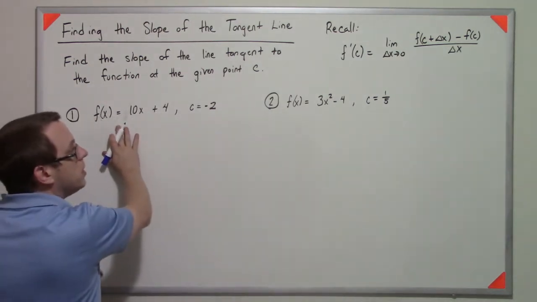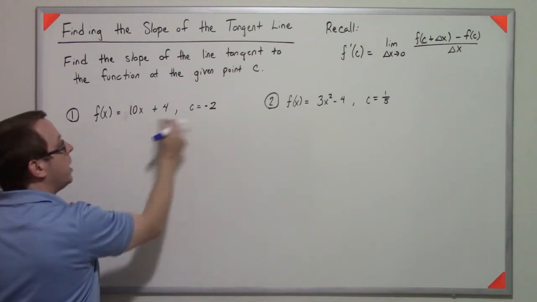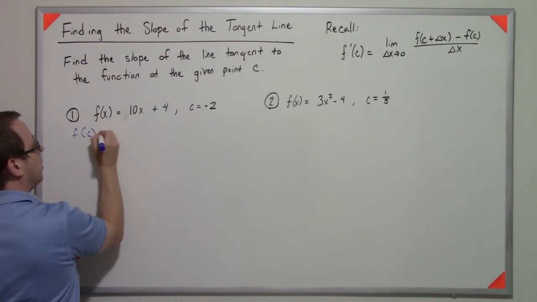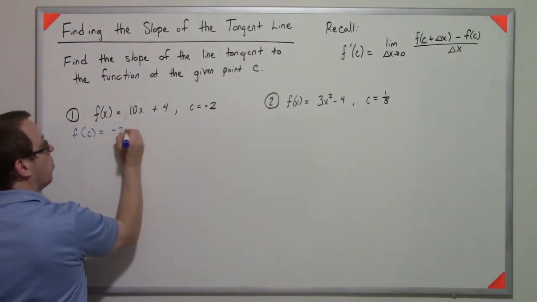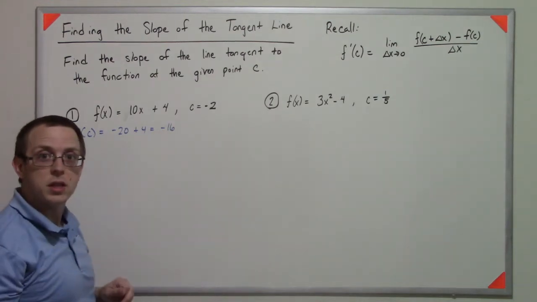So c is negative 2. That tells me that f of c is negative 20 plus 4, which is negative 16.